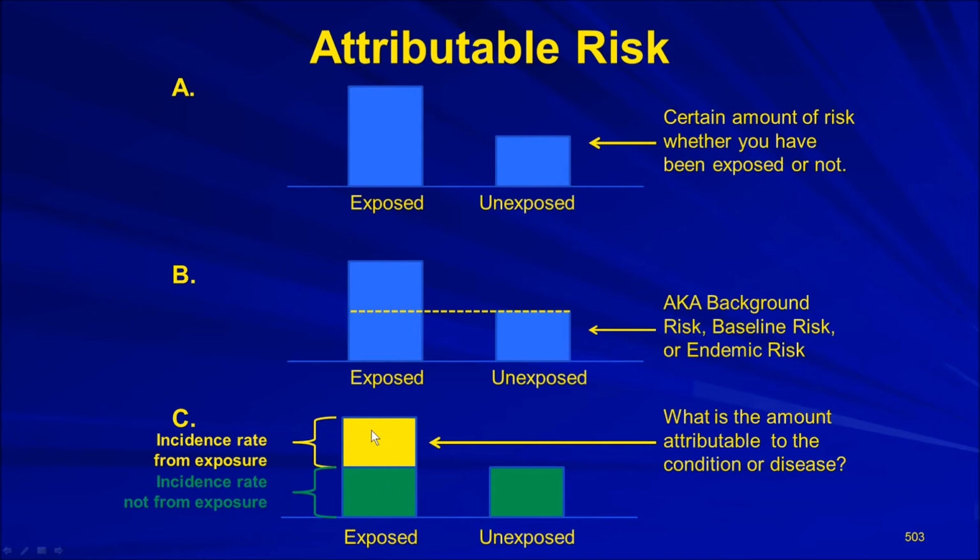That would be this amount, or 10.6, right? Because we subtracted this 17.4 from 28.0, and so we came up with 10.6, and that was the attributable risk per 1,000 per year. So this is the amount attributed to engaging in smoking.